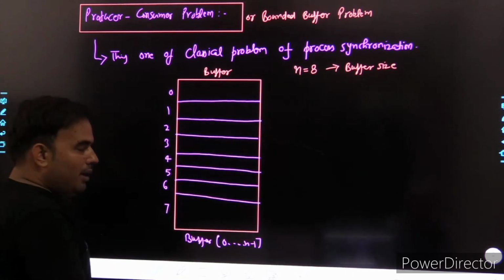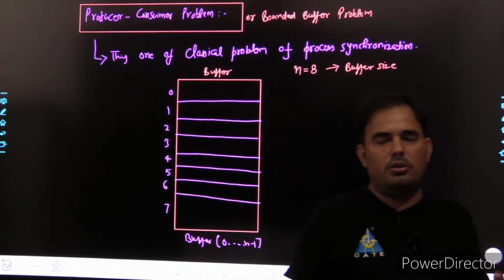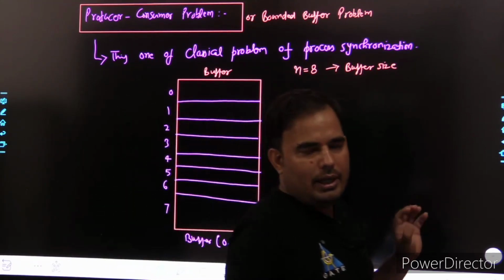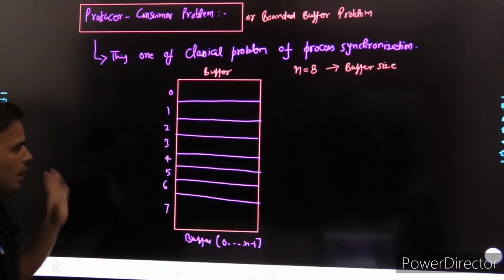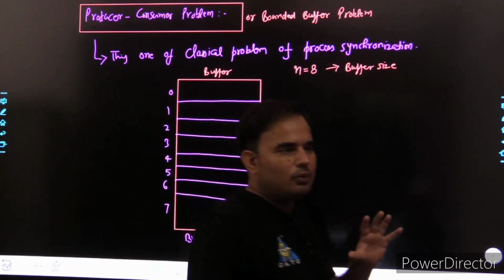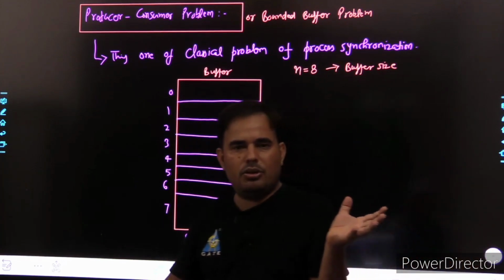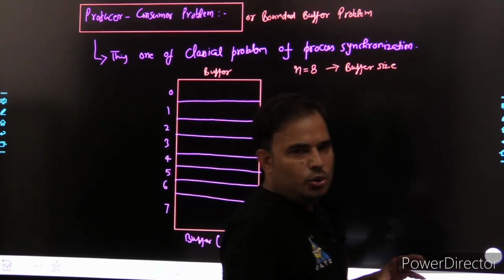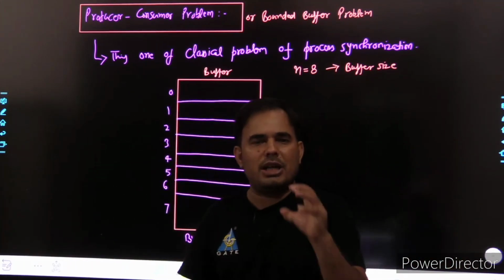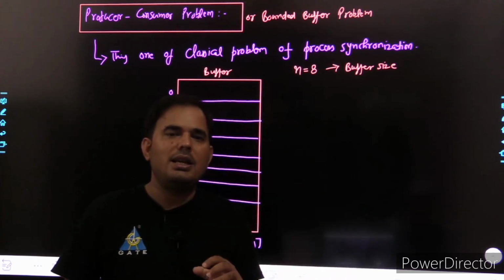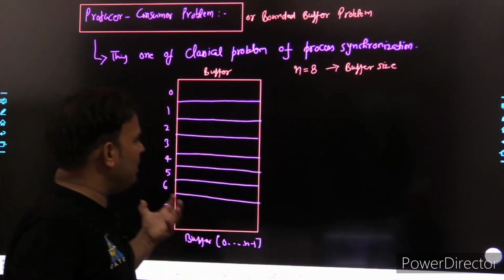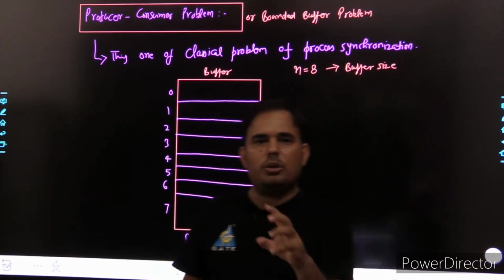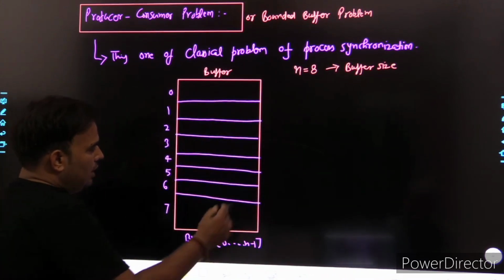So here in the producer-consumer problem we need to use 3 variables: in, out and count. The count variable is a shareable variable, meaning the count variable is used by both producer and consumer to know how many items are present in the buffer at any time.